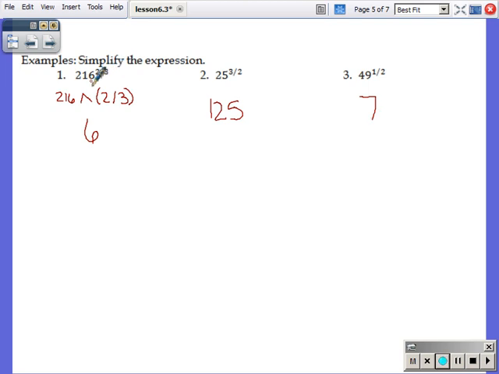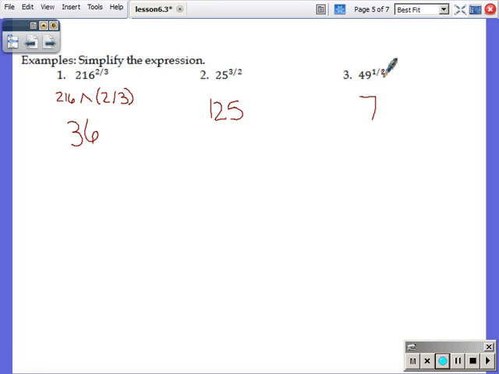The 3rd root of 216, what to the 3rd power is 216? It is 6. 6 squared is 36, which should be my answer there. For number 2, that really is the 2nd root, or the square root of 25, which is 5, cubed. There's your 125.